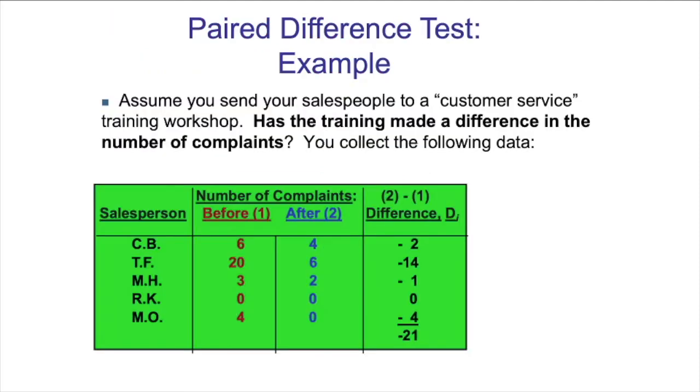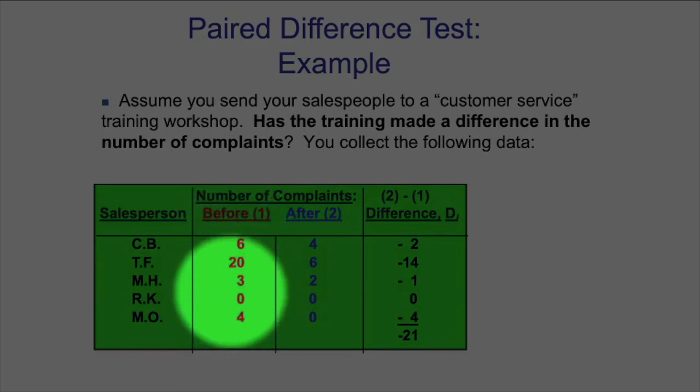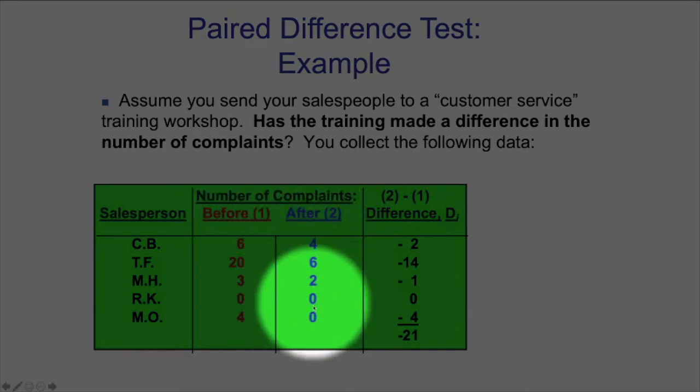Assume you have 5 salespeople and you have sent them to a customer service training workshop. Your question is whether that training workshop has made a difference in the number of complaints against your salespeople. So your variable of interest is the number of complaints, but you recorded the number of complaints before and also after.